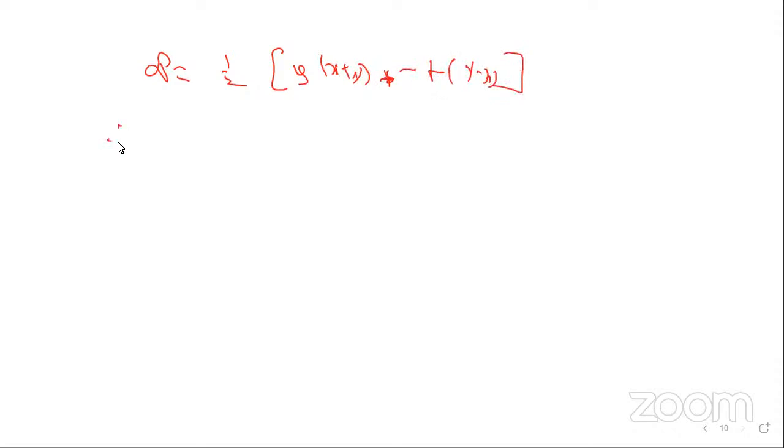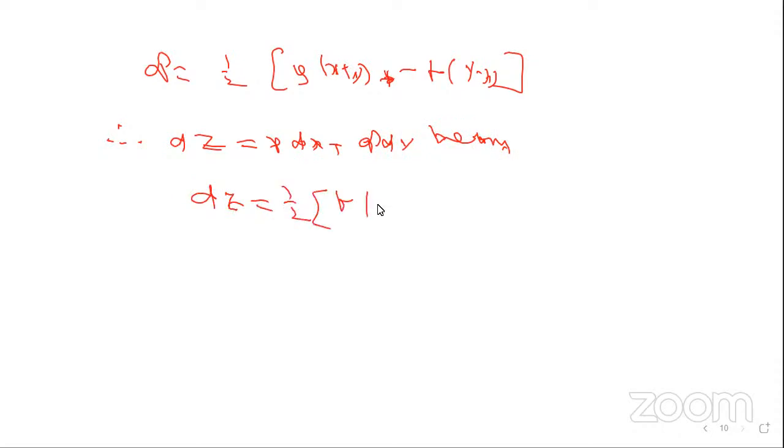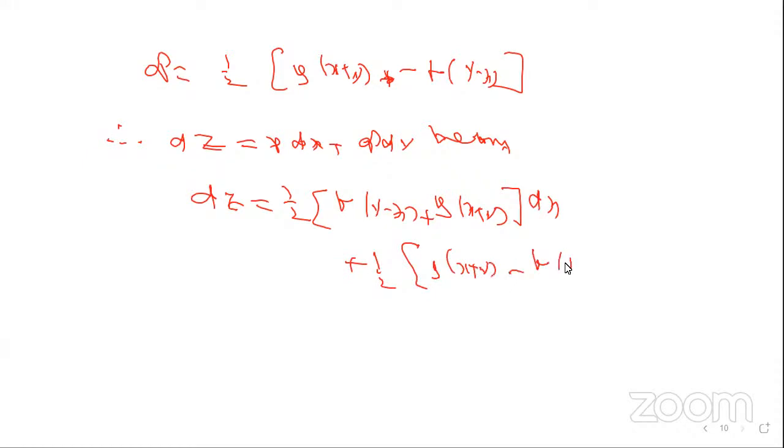So therefore dz equal to p dx plus q dy becomes dz equal to 1 by 2 f of y minus x plus g of x plus y dx plus 1 by 2 g of x plus y minus f of y minus x dy.